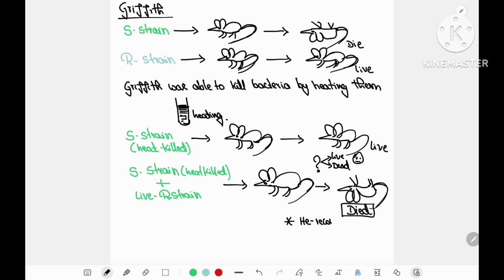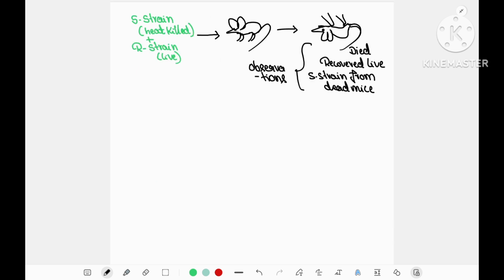And another very important observation is that Griffith recovered live S strain from the dead mice. What he injected was heat killed S strain and live R strain, but what he obtained from the dead mice is live S strain. These are the two very important observations from Griffith.